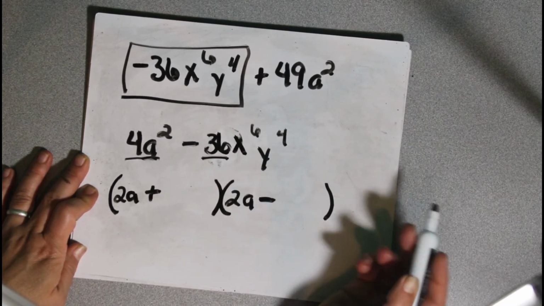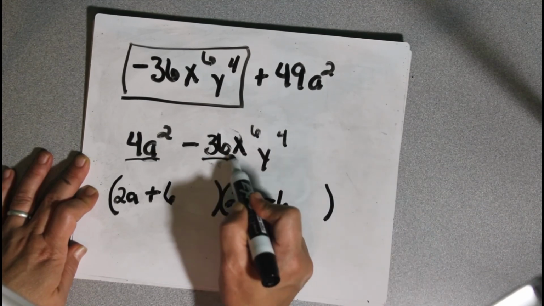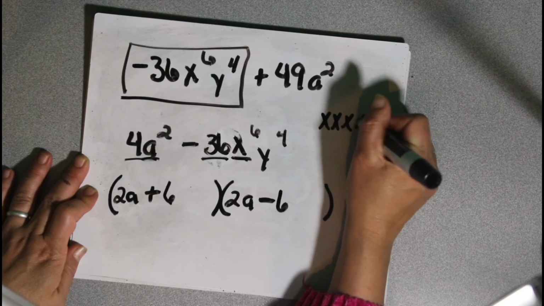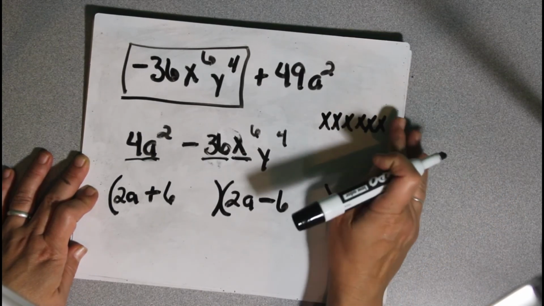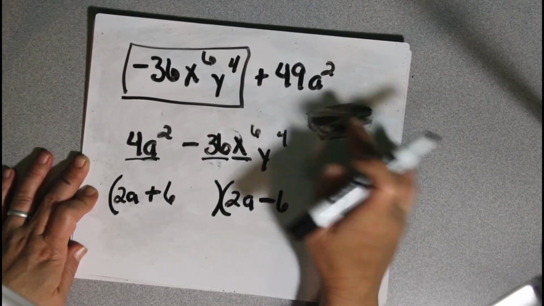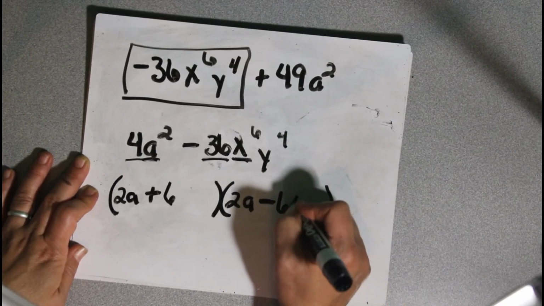All right, so the 36, that would be 6 times 6. X to the 6th. Well, if we did the square root of x to the 6th, it would be x to the 3rd. You just cut it in half.